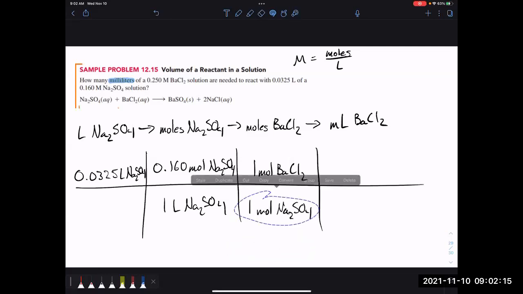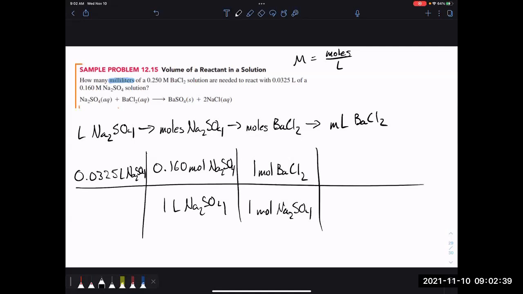The right number's in the wrong order. If we did it that other way, then we don't end up with the units that we want. Okay. We have moles of barium chloride. And then we want to go from moles of barium chloride to milliliters of barium chloride.